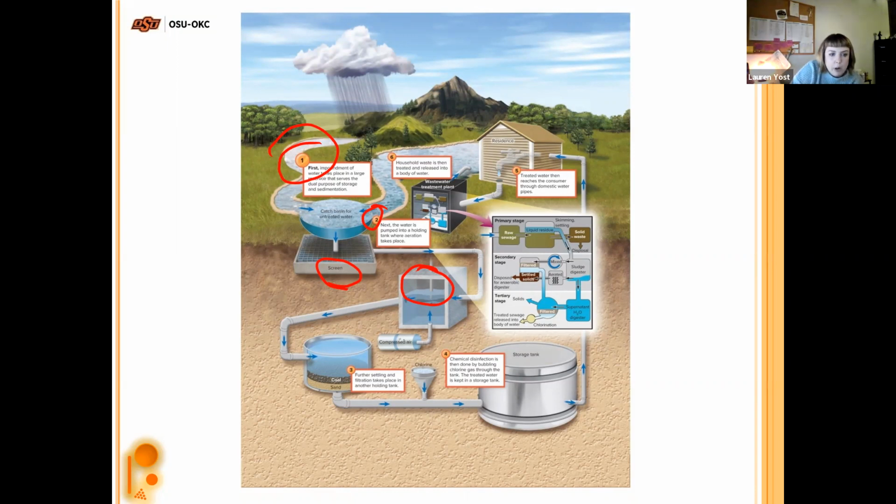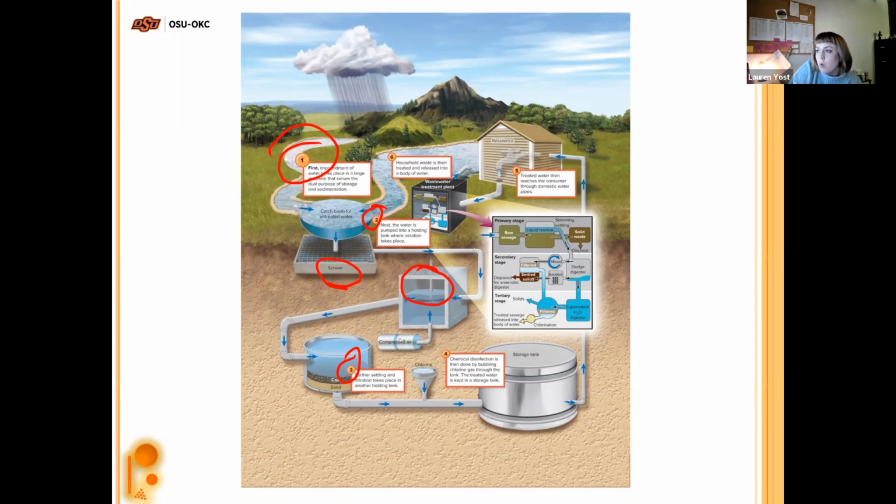All right, then the next part, number 3: further settling, separating everything out at this point, and then filtering through coal. I say coal, but you guys understand this is like charcoal. And then sand as well.